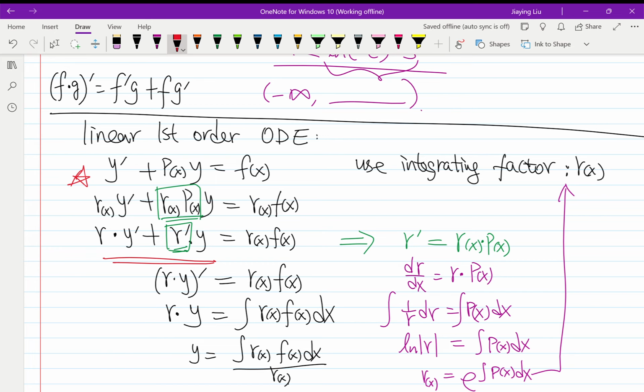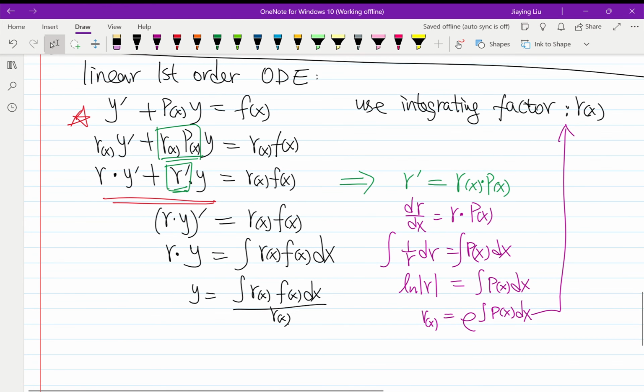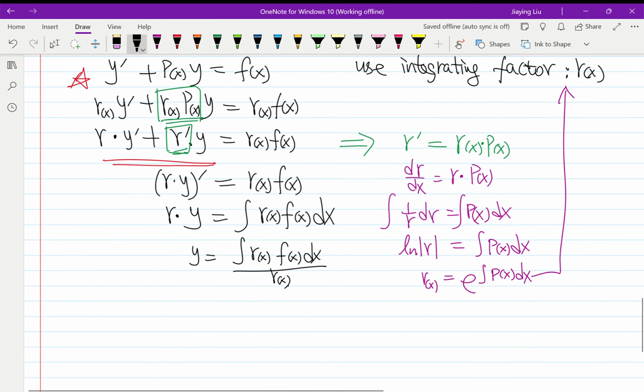All right, on that note, let's use one example. Hopefully it will clarify the confusion here, and I'll try to explain step by step.